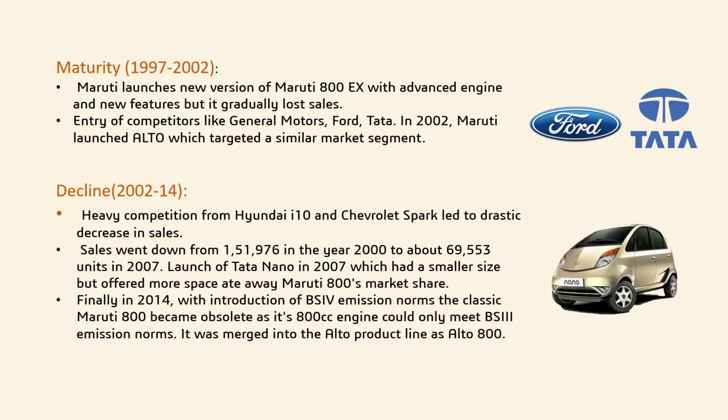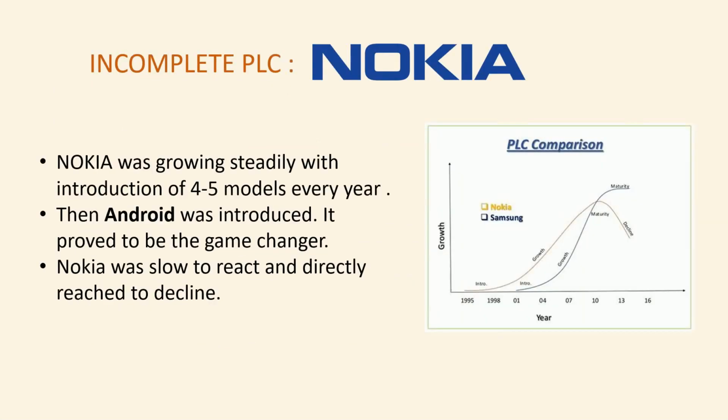And the BS4 emission norms are also the main reason for fall of Maruti 800. Finally, the Maruti 800 era ended and the Maruti company merged it into the Alto product lines. So this is the product life cycle of Maruti 800, where you can see the whole stages that Maruti gone under.